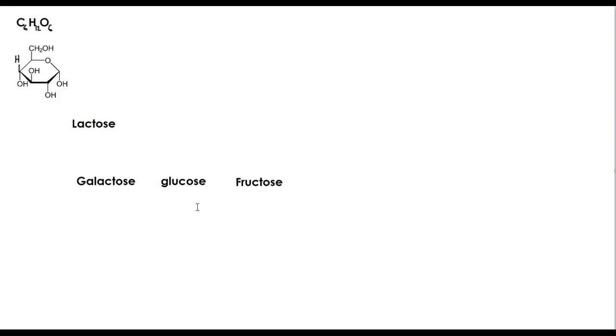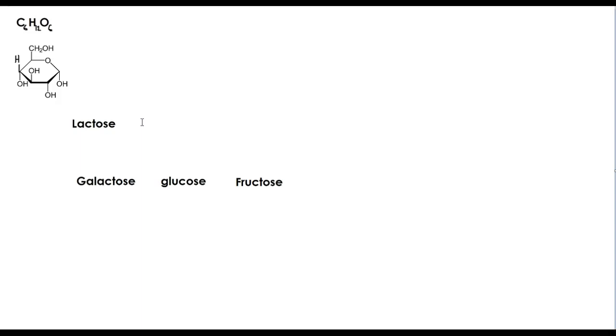In digestion, you start to break down. You use enzymes. Remember, they end in ase, to start breaking down those sugars. Amylase is going to break down those long carbon, hydrogen, oxygen chains into smaller and smaller groups of sugars.